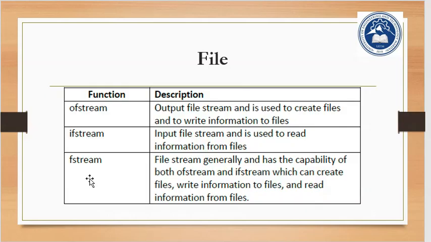These are the basic operations: ofstream, ifstream, fstream. Ofstream, the output file stream, is used to create files and to write information to files. Ifstream, the input file stream, is used to read information from files. Fstream generally has the capability of both ofstream and ifstream, which can create files, write information to files, and read information from files.